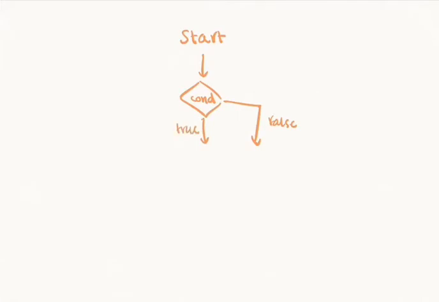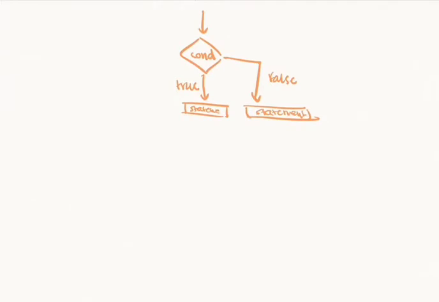Now, if the condition is true, there will be a statement, and if the condition is false, there's going to be a separate statement. However, what they both have in common is that they're both going to reach a common end. So we can write this out, and down here we can write end.